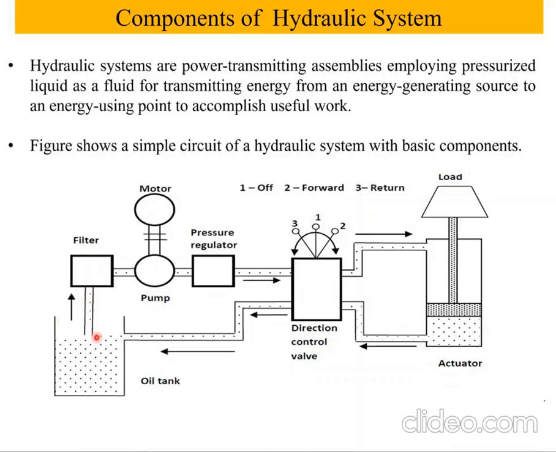Here you can see there is a pipe through which the oil from the tank moves upward, and there is a filter placed here. Obviously there can be some particles suspended in the oil, or sometimes the reusing of oil will change the properties of the oil and make some particles settle down at the bottom of the tank.